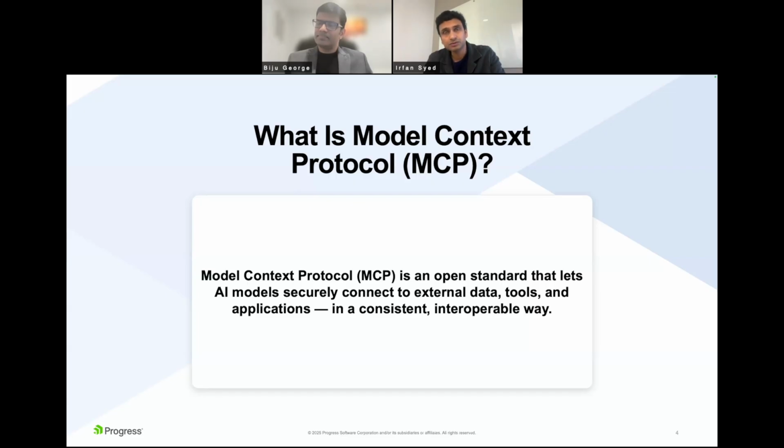As I was mentioning to you, this initially started in November 2024, where Anthropic figured out that when we were trying to integrate AI solutions, and we had IDEs that can help us build LLM-based interactions, the context window was getting so small, and they figured out that maybe the way we are doing it is wrong, and we need to do something much better. That's where Model Context Protocol came into the picture.